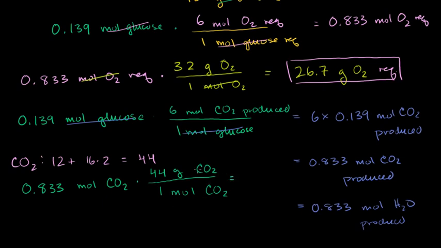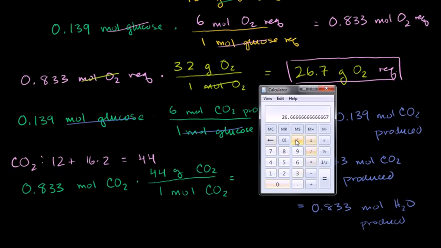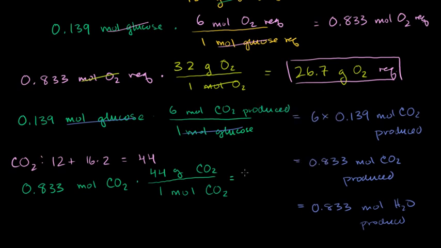So 0.833 times 44 is equal to 36.7 grams of CO2 produced.